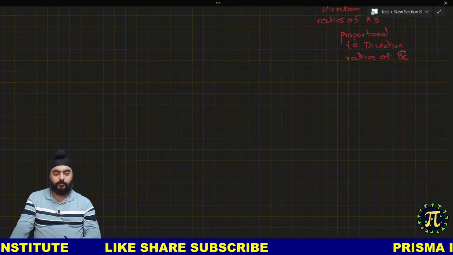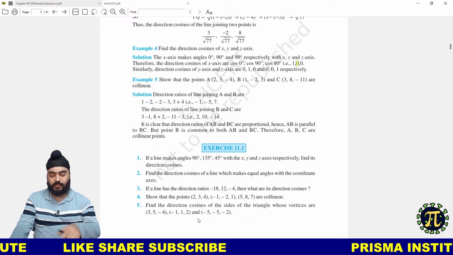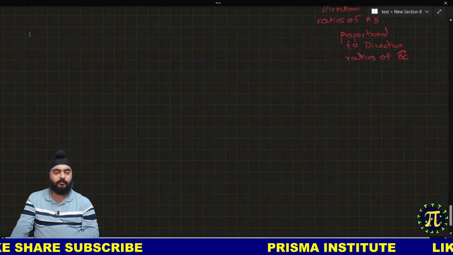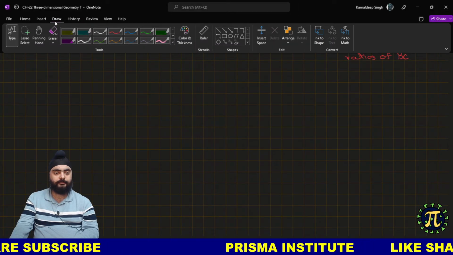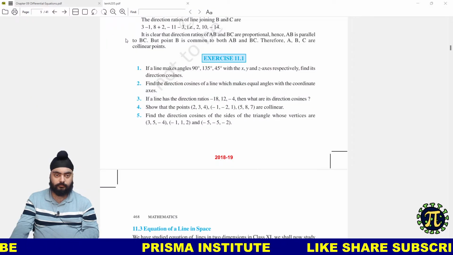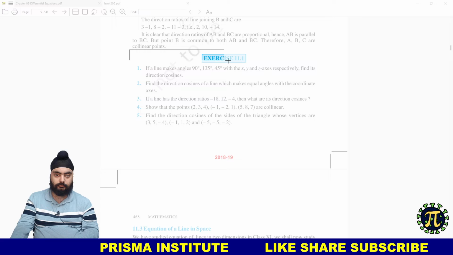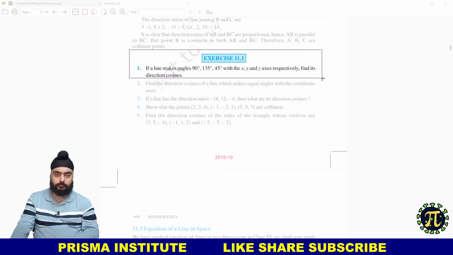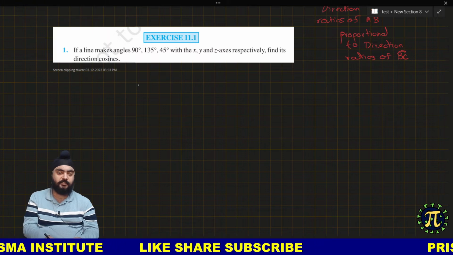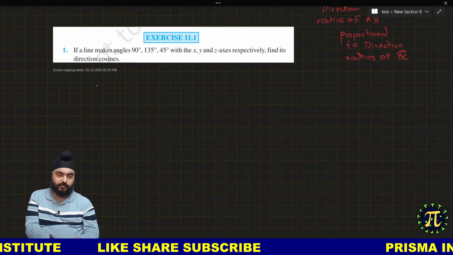So now let's move to our exercise, which has only 5 questions, should be done within a few minutes. If a line makes these angles with the XYZ axes, find its direction cosines.